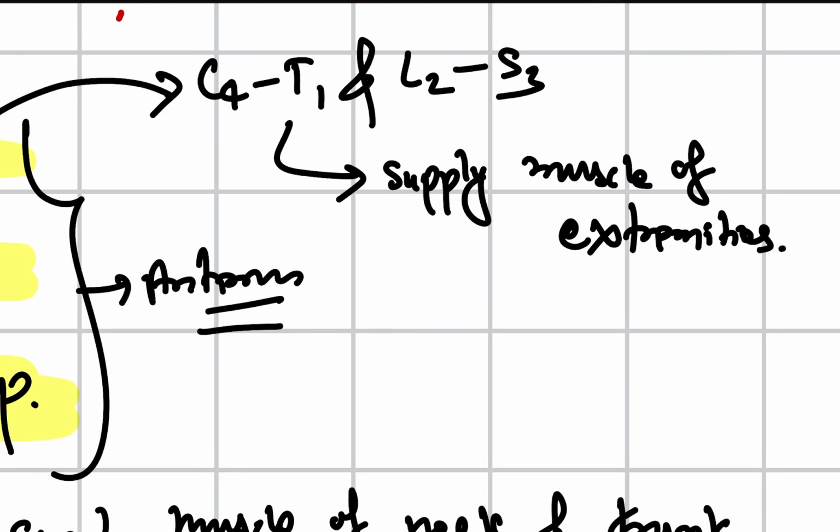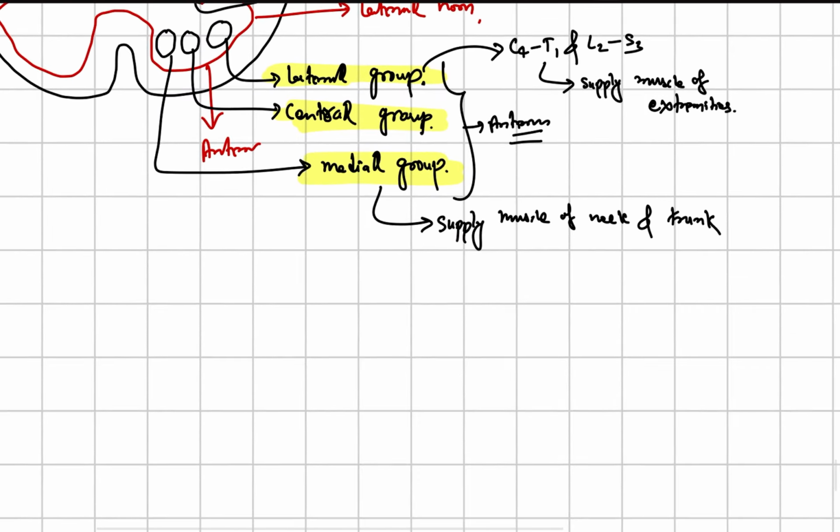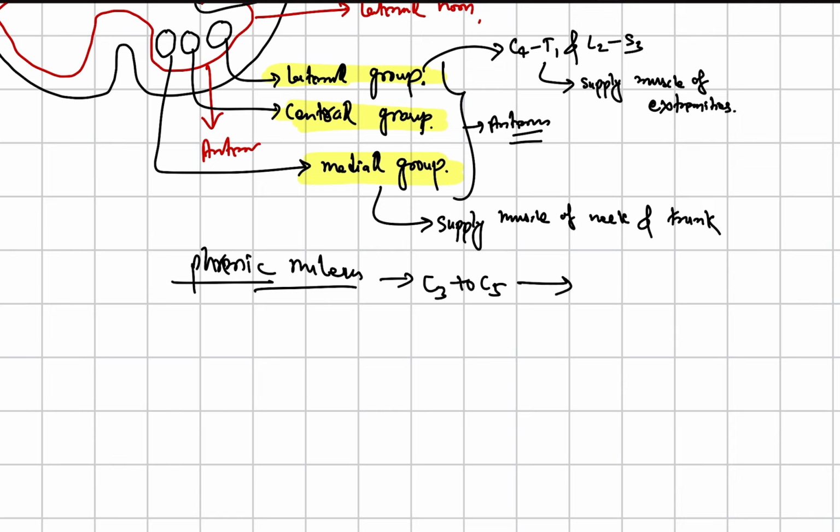Then there is the central group, and there is the phrenic nucleus and another one, the spinal accessory nucleus. The phrenic nucleus is in the anterior horn, present in C3 to C5, and provides motor innervation of the diaphragm.